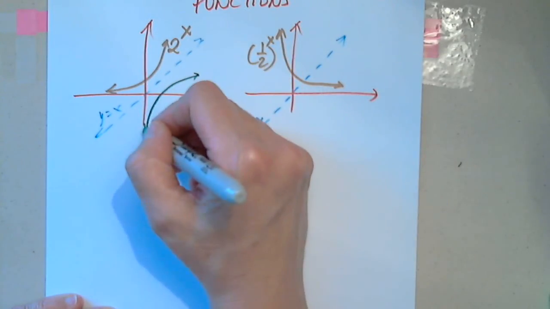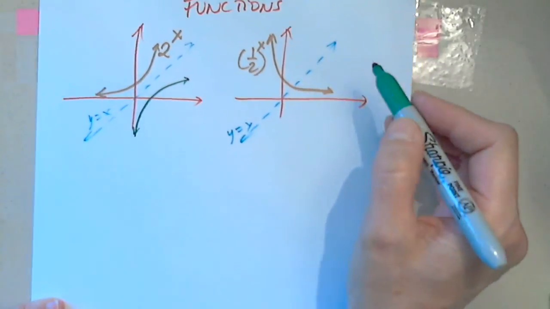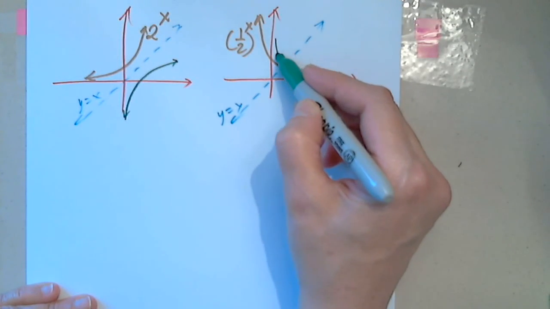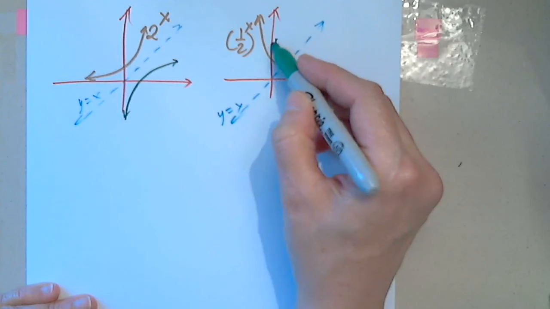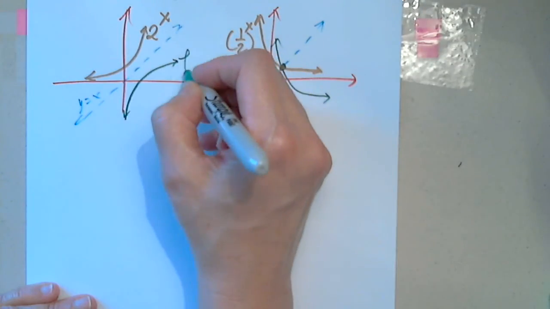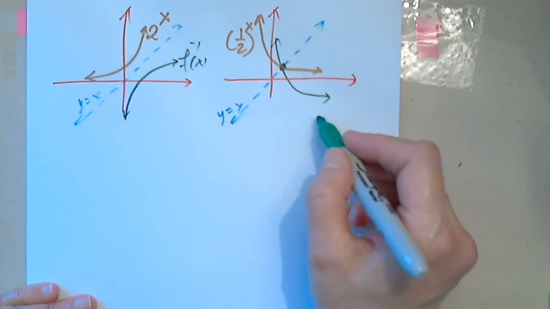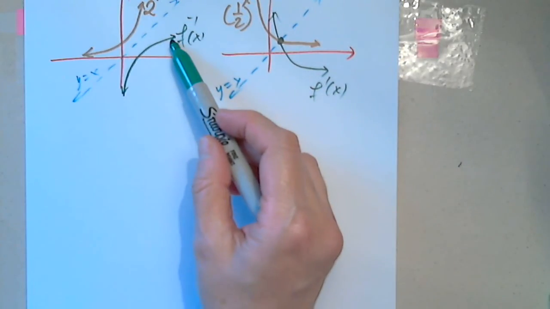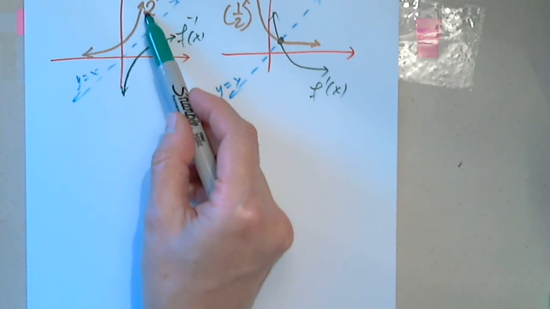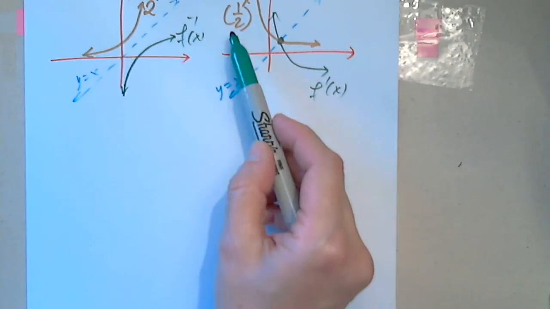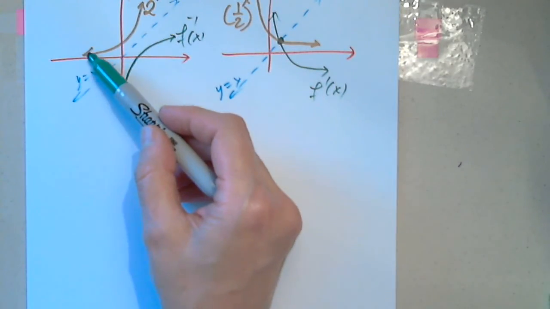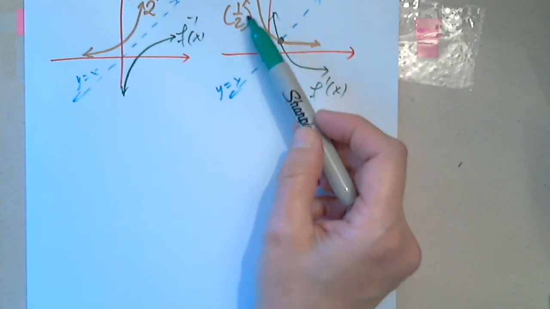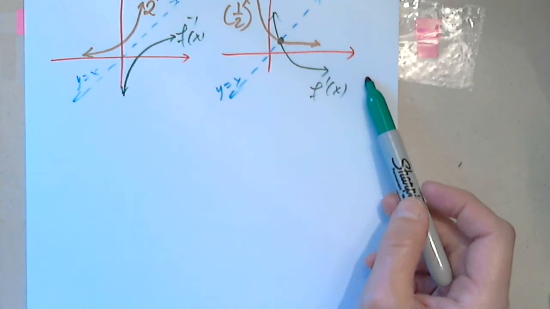And remember, when the function crosses y equals x at a point, the inverse function will cross y equals x at the exact same point. This is the inverse function of 1/2 to the x. If the function is increasing, so is its inverse. If the function is decreasing, so is its inverse.